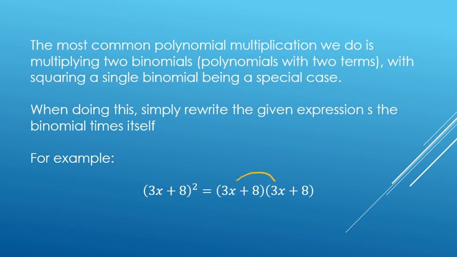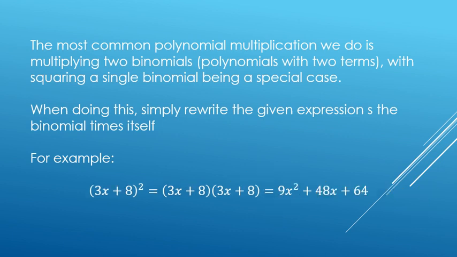First, it's going to give me 9x squared. Outside, 3x times 8, 24x. Another 3x times 8, so that's plus another 24x. And then 8 times 8 is 64. So we have, in the end, 9x squared plus 48x plus 64.